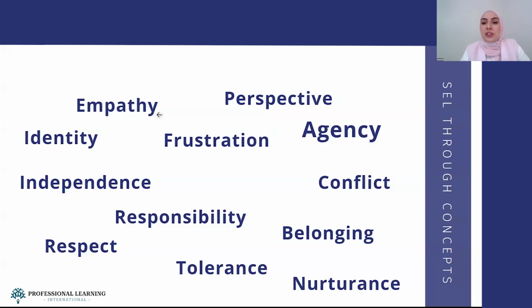If you see someone frustrated before an exam or for any reason, you're going to take a couple of minutes and talk about frustration. You're going to talk about empathy, responsibility, tolerance. So these are all concepts that we usually use on a daily basis as teachers. But now let's see how we can use these concepts to think about teaching SEL conceptually.